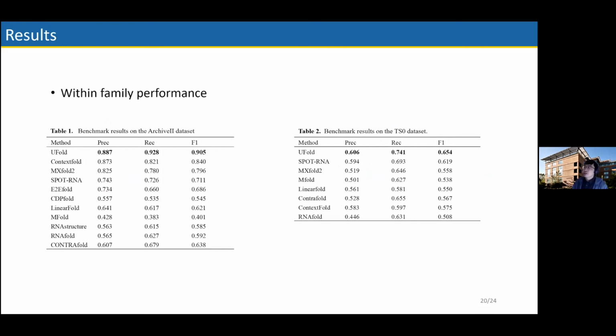We benchmark UFold with other methods, including learning-based methods and thermodynamics methods, on the test sets. On the left is the result trained with the RNAStrAlign dataset and evaluated on the ArchiveII dataset. And the right one is trained on the bpRNA dataset and evaluated on the left-out test set. For within-family performance, UFold outperforms all other methods in terms of F1 score.